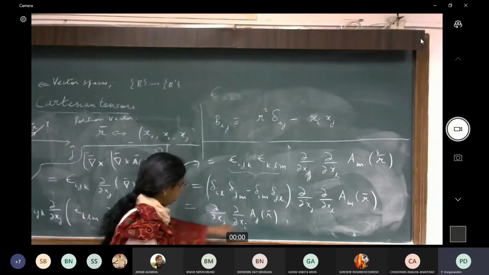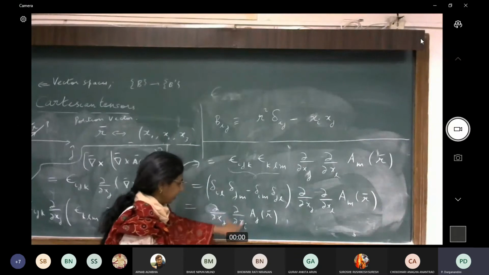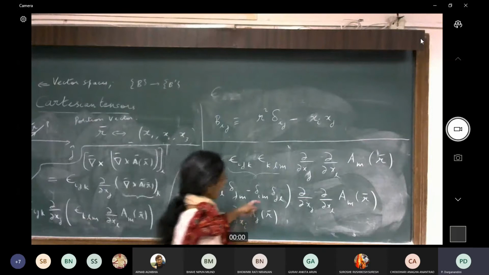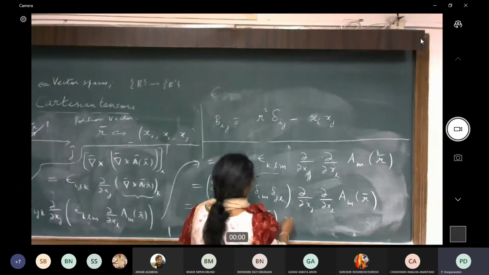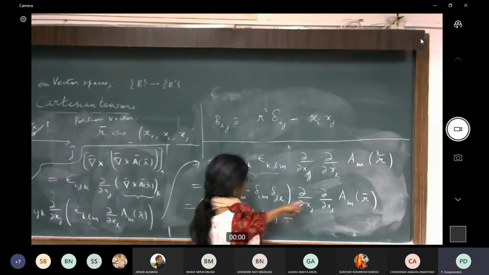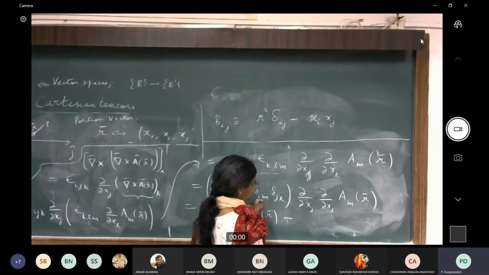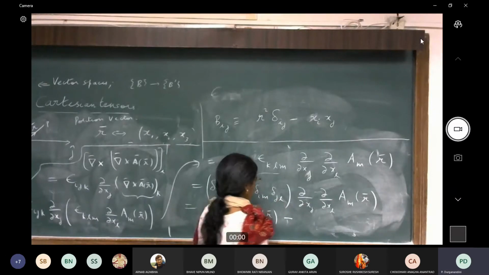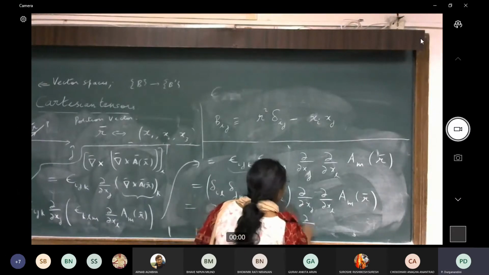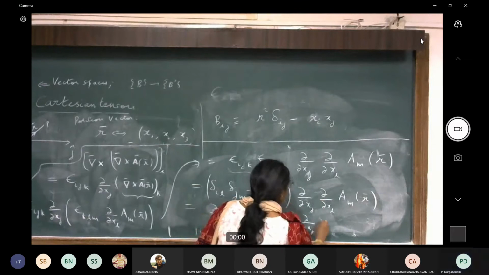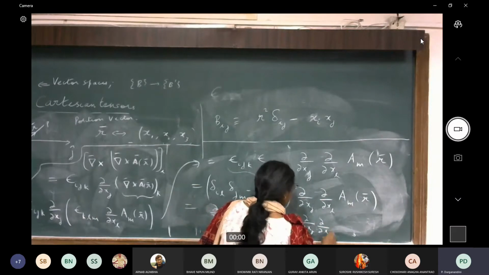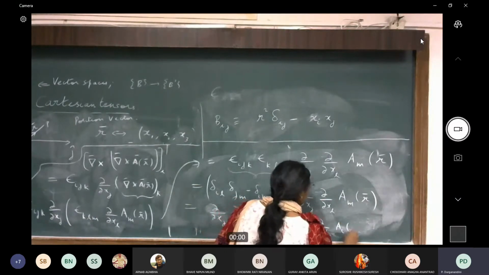Again, you can see the summation is over j, so the only free index is i, from del by del x_i. Now from the second one, this expression will be 0 unless m equals i and l equals j. So this will therefore give me minus del by del x_j, del by del x_j, A_i of r.